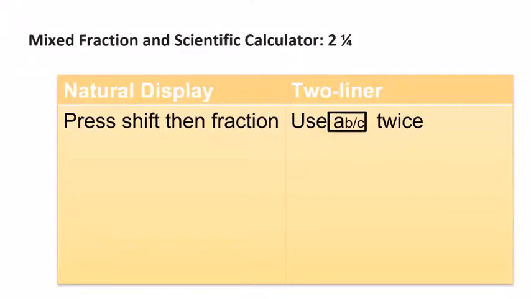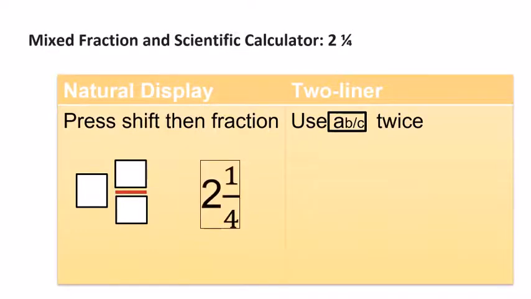Now for mixed fractions, we have to use the shift key for natural display. This is found at the upper part of the function button. Once you press shift and then that one, you can enter a mixed fraction.